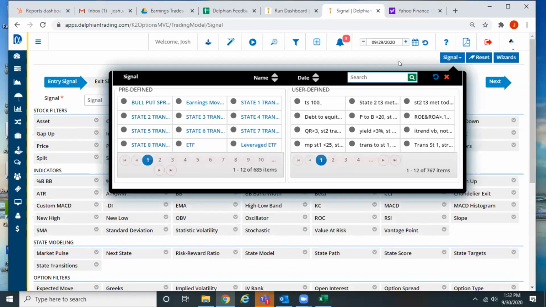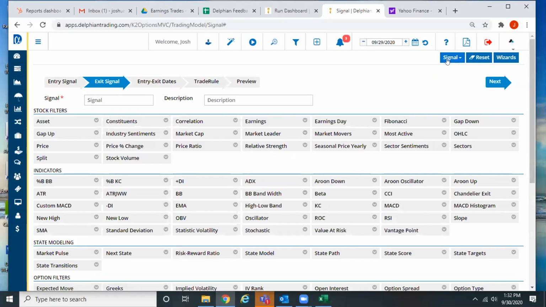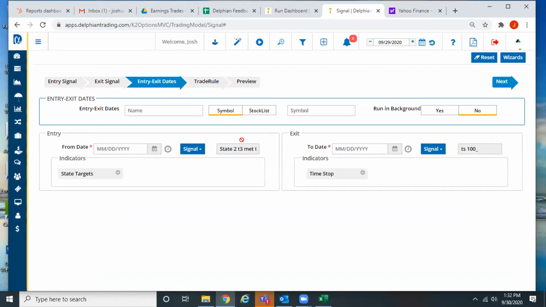Okay, so we go back in, using the same criteria that we had before. Time stop, state 2, target 3 met, and then we put in our time frame.